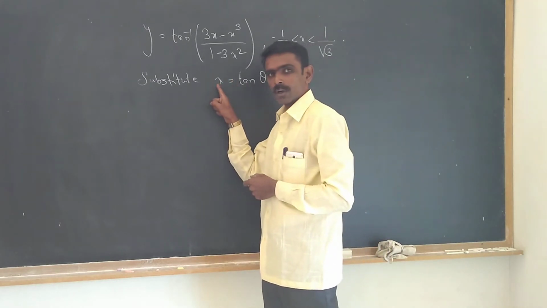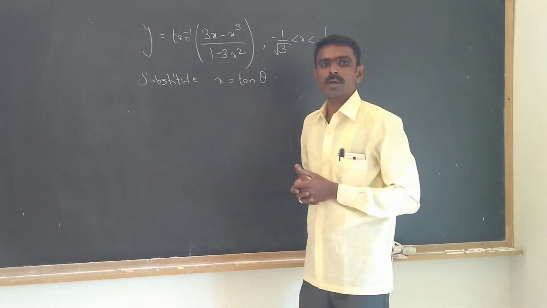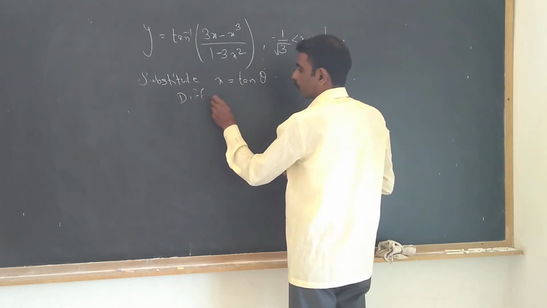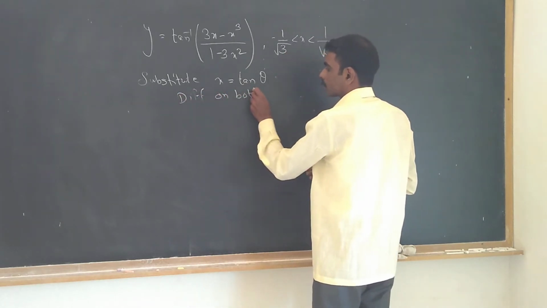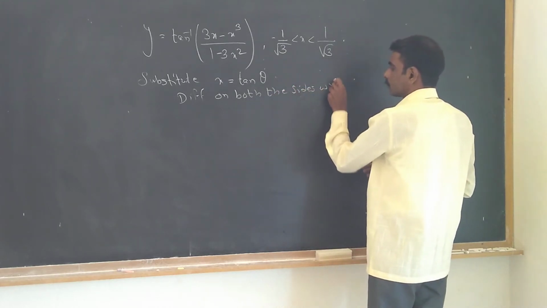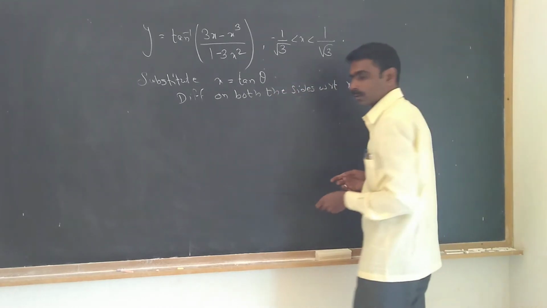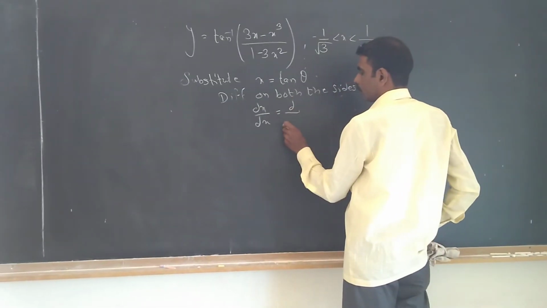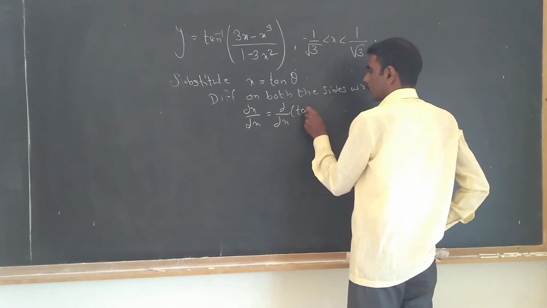Here x is a variable, and theta is also a variable. Now I am going to differentiate on both sides with respect to x. So dx by dx will be equal to d by dx of tan theta.